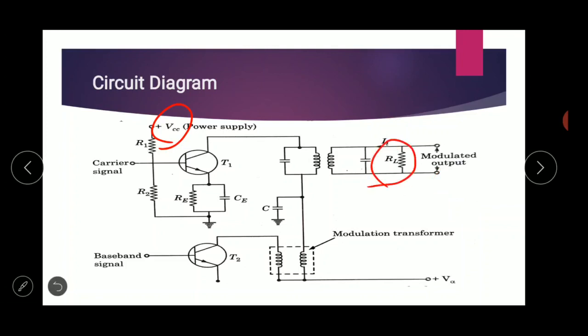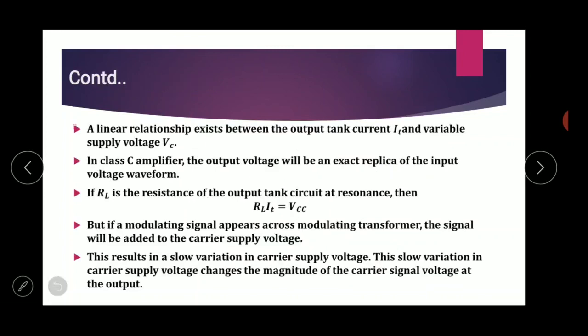So the relationship is linear between this and this. If RL is the resistance of the output tank circuit at resonance, then the magnitude of the output voltage is RL into IT, nearly equal to Vcc, as we know V equals IR.